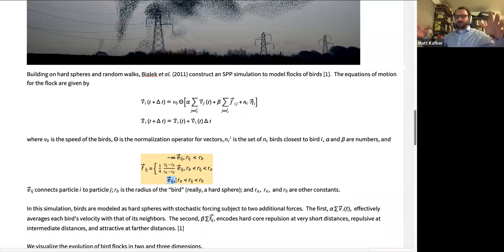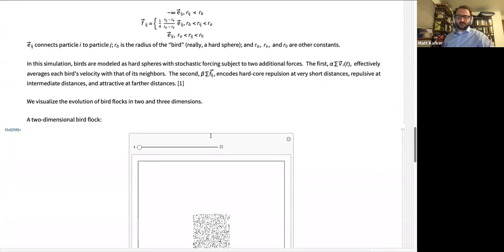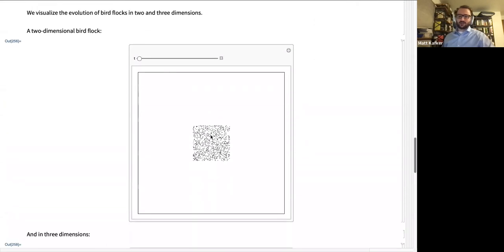So they're very roughly all interested in staying together. And then this force here, at short distances, is repulsive. It's not as repulsive as the hard sphere repulsion at very short distances, and at longer distances, it's attractive. So they're basically trying to keep one another at a fixed distance. So this is a little bit more complicated, but we'll simulate it and then we'll talk about some of the interesting aspects of this particular force law.